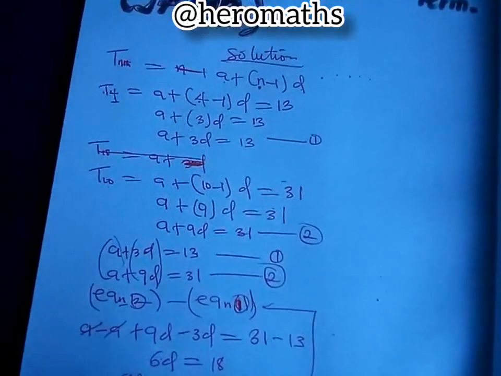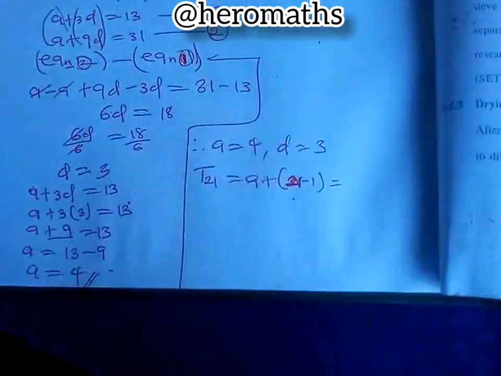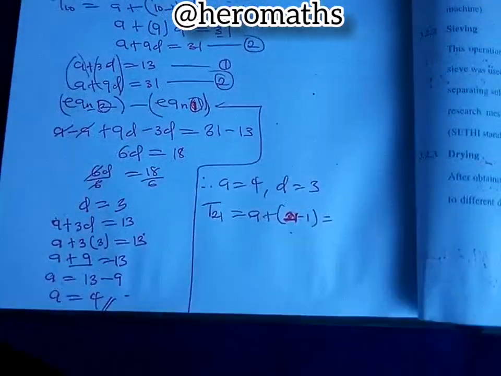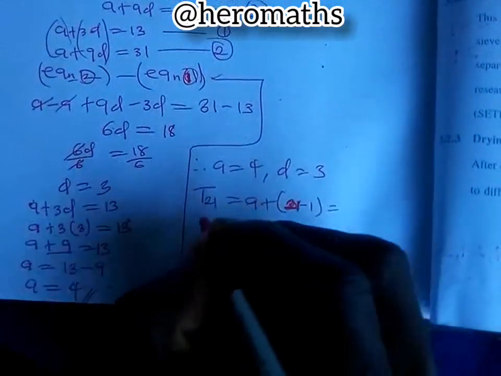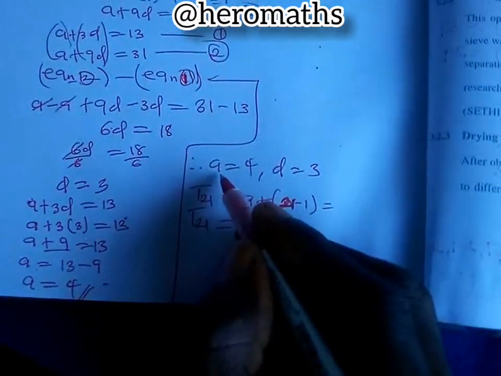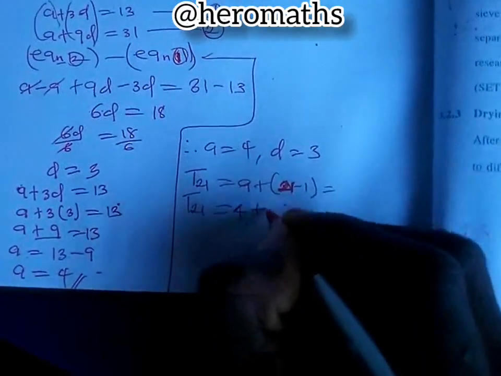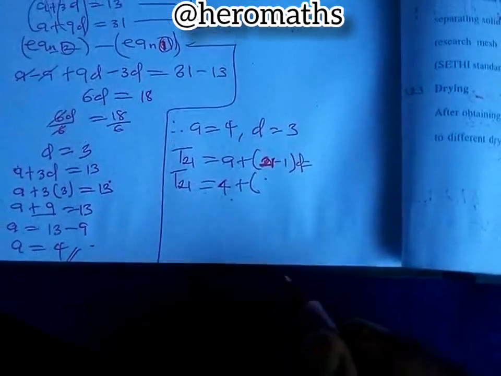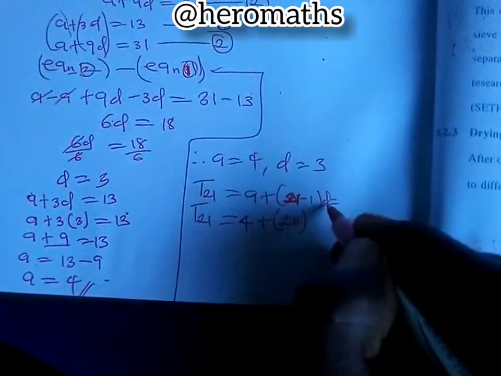What the question asks us to look for is the 21st term. So we have T21 is equal to, but we already know the first term and the common difference. a is 4, so put 4 in place of a, plus open bracket 21 minus 1, which will give us 20, close bracket, and d is equal to 3.